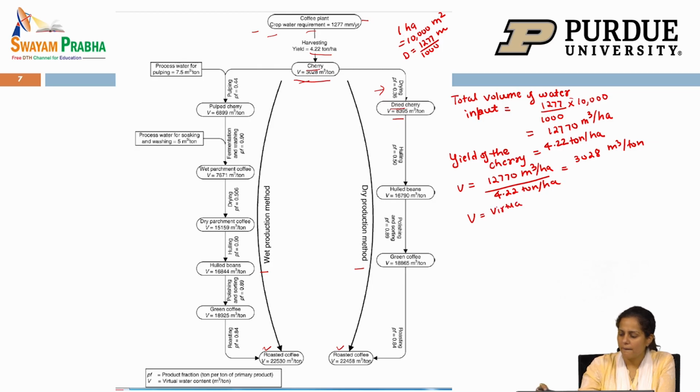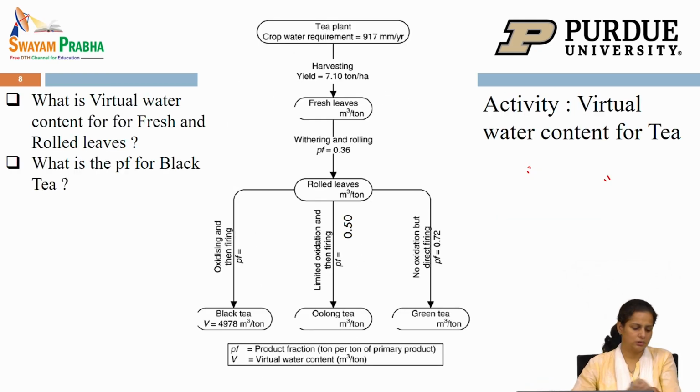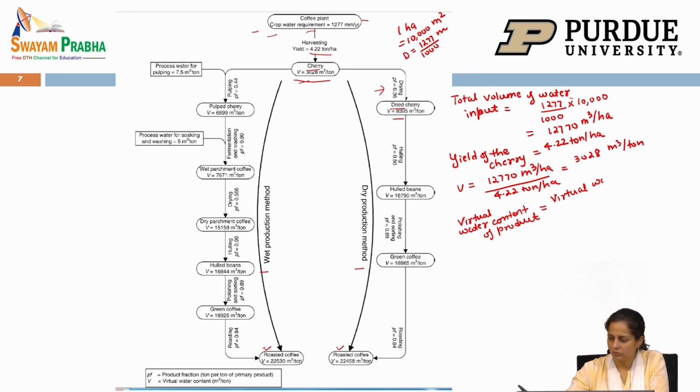Or the initial product. So, we can see that the virtual water content of product, and that divided by the product fraction.